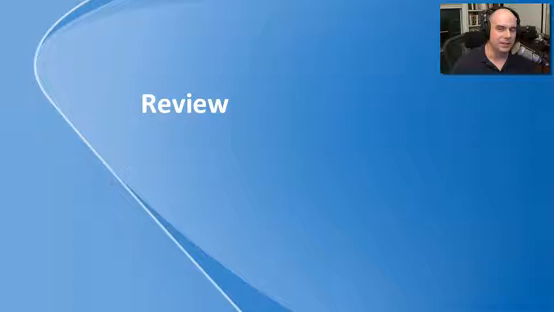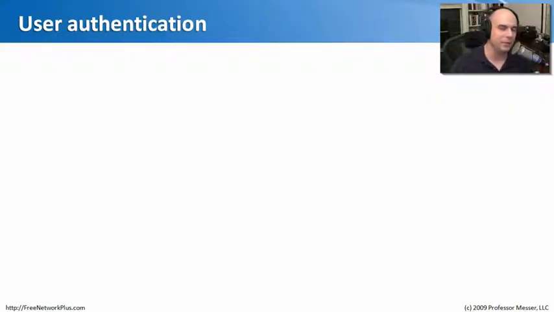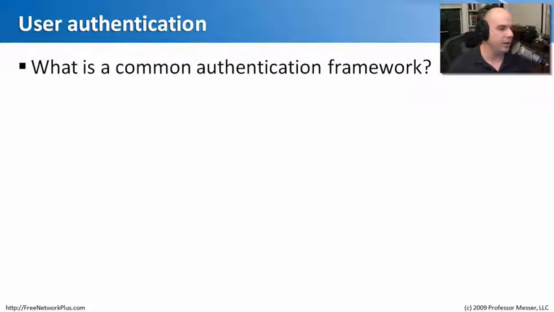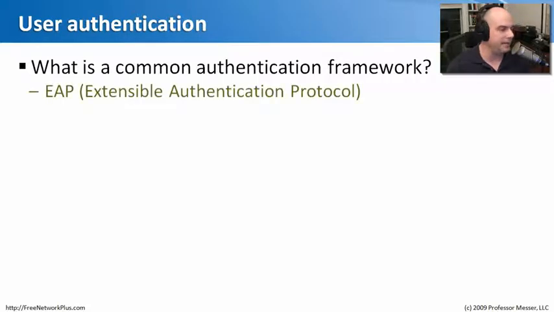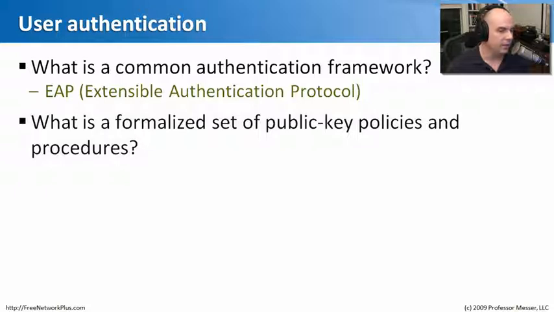There's a lot in this module dealing with user authentication and how it works on the network. So let's see what we remember. Our first question: what is a common authentication framework? Something that we've built so we can use it in many different scenarios, and that's EAP, the Extensible Authentication Protocol. Another question: what is a formalized set of public key policies and procedures?